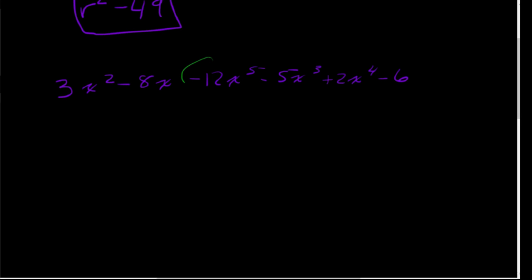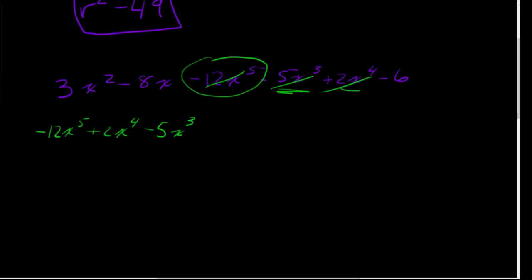So you'll notice negative 12x to the 5th has the highest exponent, so that's where I will start. Next up is 2x to the 4th. After that, we've got negative 5x cubed. Then we've got 3x squared, negative 8x, and last but not least, negative 6.